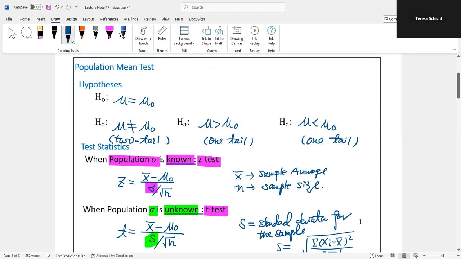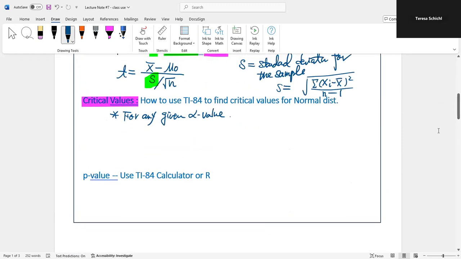Now let's take a look at how to find it for any given alpha value. If this is only for one tail, I'm going to show you using the calculator. Let's say the given alpha is equal to 0.04.